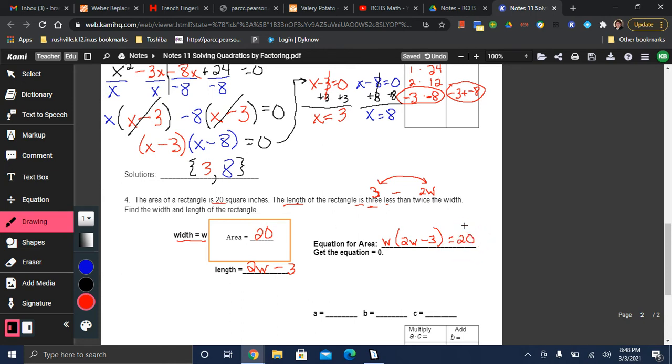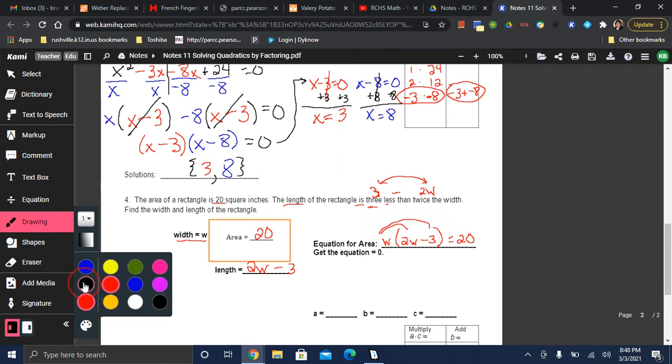All right, so I have to get my equation equal to 0, and to do that, I'll also need to remove this parentheses because those parentheses don't help me until I get the equation equal to 0. So I'll need to distribute the w. So we're going to do some multiplying.